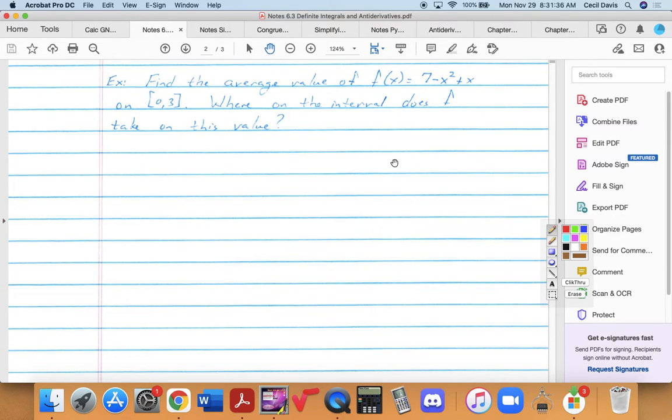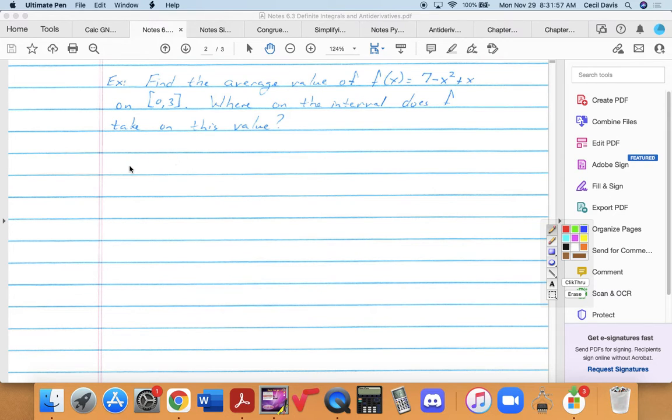Find the average value of f of x equals 7 minus x squared plus x on the interval from 0 to 3. Where on the interval does f take on this value? Okay.